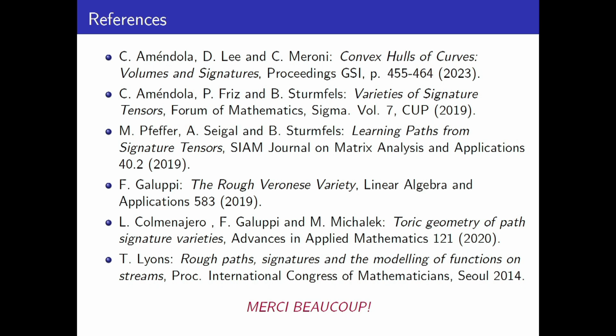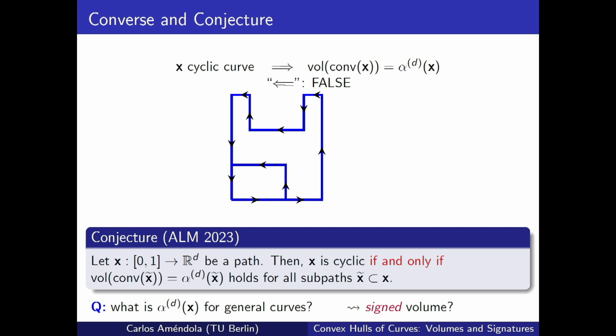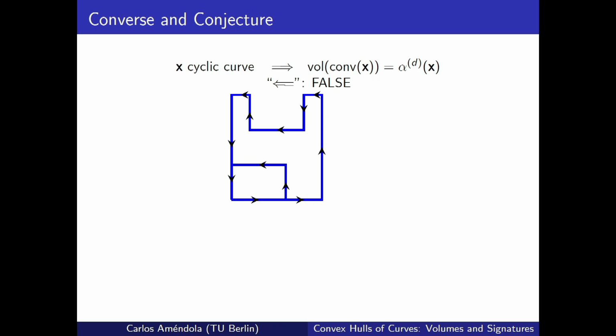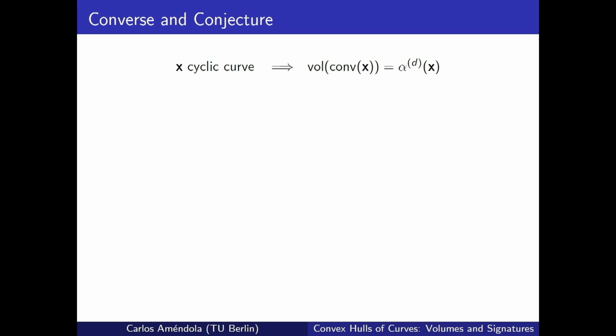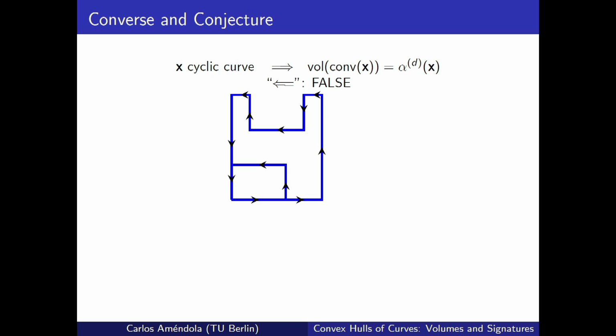So are there other families of curves other than cyclic curves that satisfy the formula for the signature? Well, that is the question. This is the largest family that we found somehow. So that's the conjecture.